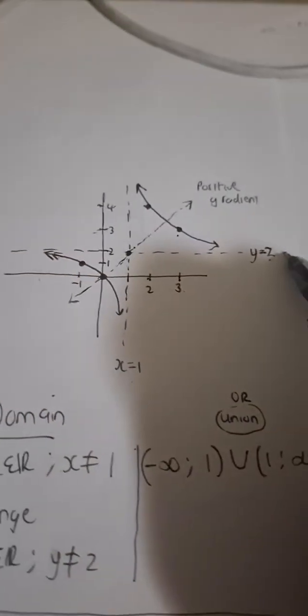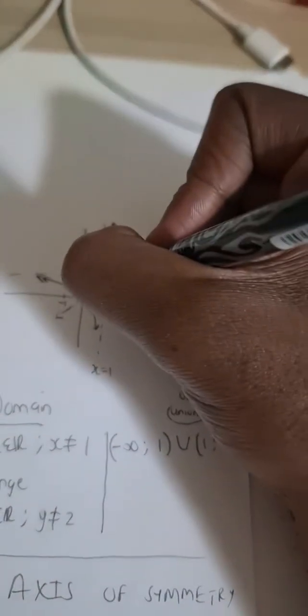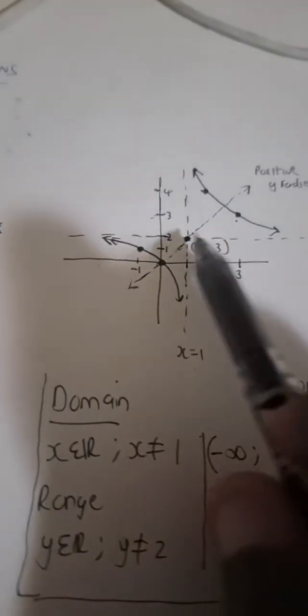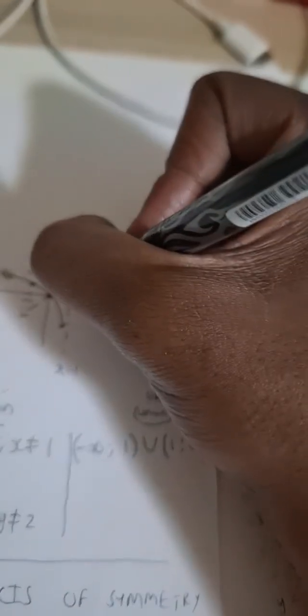So this horizontal asymptote and this vertical asymptote meet at a point. The coordinates are 1 and 3. Please take note, guys, the point of intersection of the asymptotes, 1 and 3. No, not 1 and 3. Why am I saying 1 and 3? Guys, why aren't you correcting me?